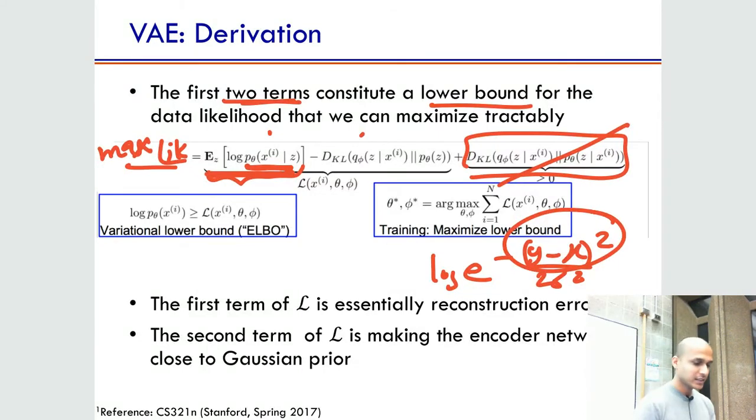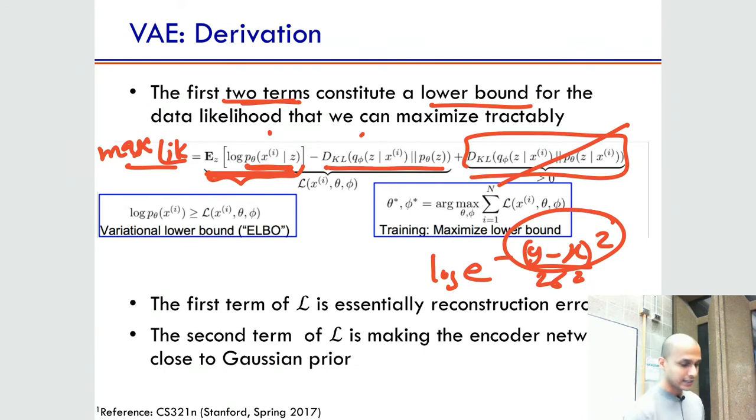So the first term somehow gives us the squared loss, and the second term is the KL divergence between Q of z given x and the marginal distribution of z. That is called the latent loss.